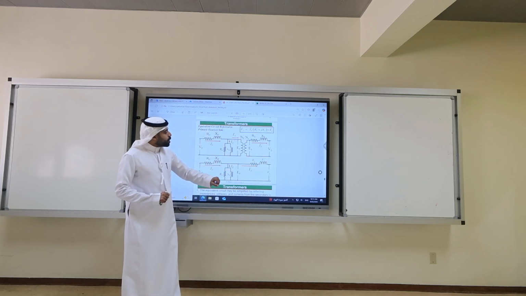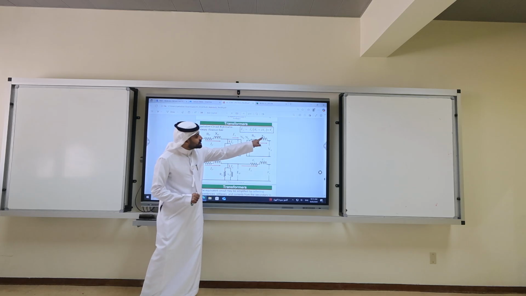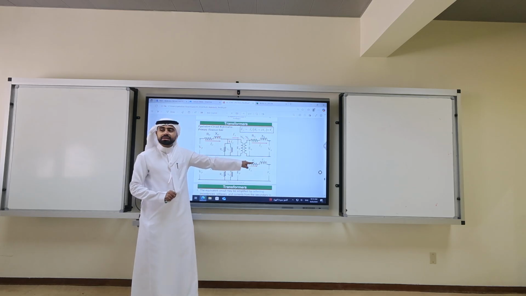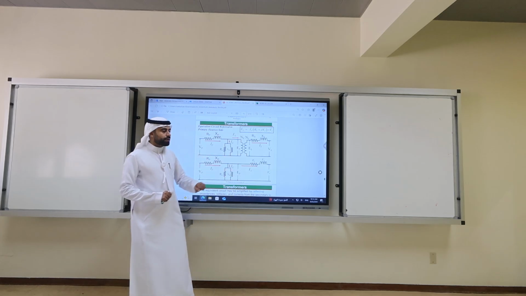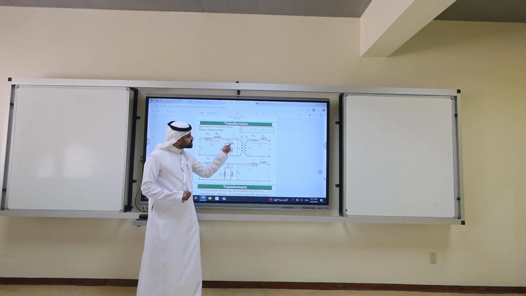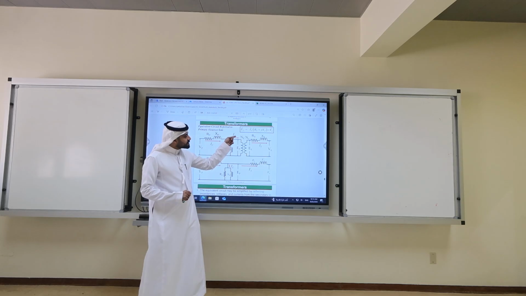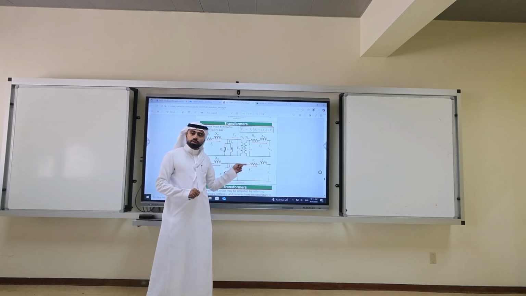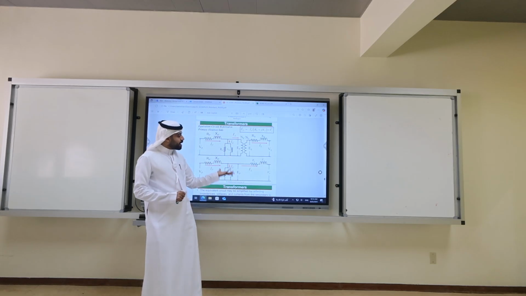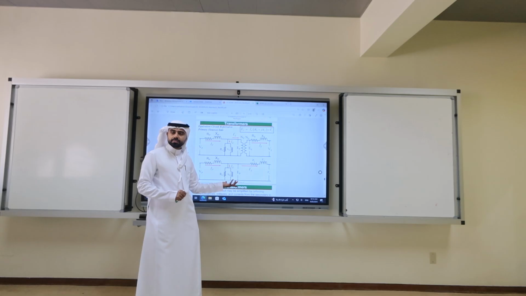Here, we are reflecting XS with RS to the primary side by multiplying by A squared, which is NP over NS squared. The moment I do the reflection, I can allow IS prime to go through RS prime and XS prime. So instead of two electric circuits, I have one big electric circuit.